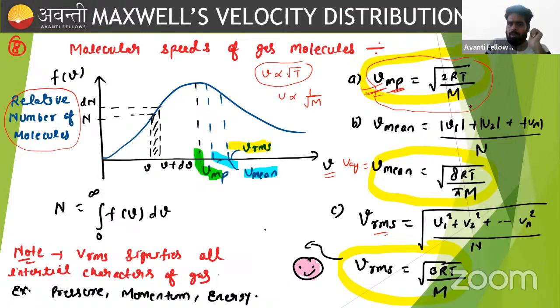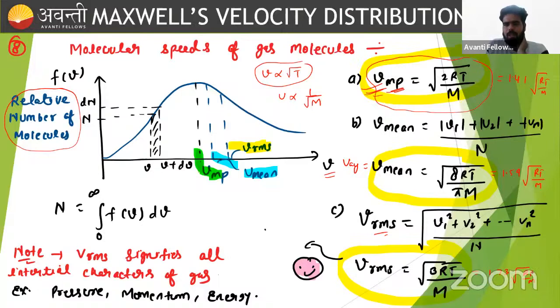Yes? And sometimes we also have to remember these factors. What is this value? That is 1.41. What is this value, beta? This value is equal to 1.59. And what is this value? 1.73.